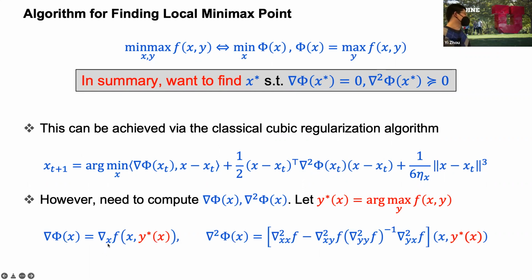And these are the analytic formulas for the gradient and Hessian. To compute this gradient and Hessian, we need to know the best response of Y to the current X. Therefore, we need to first develop another algorithm to compute these gradients and Hessians, and then we can go back to utilize this cubic regularization method.